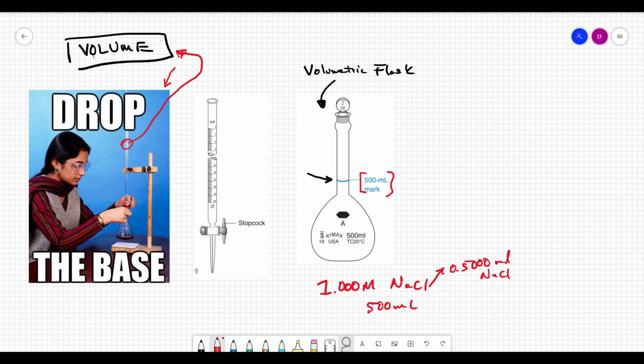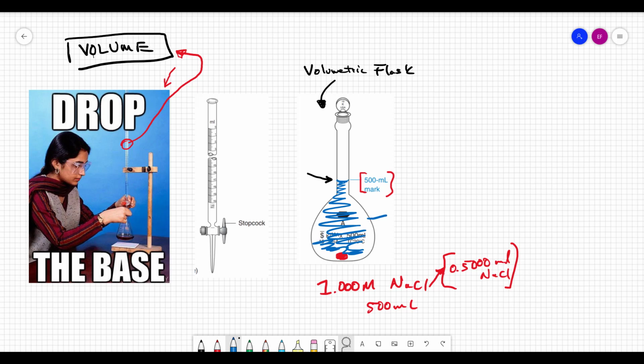The cool part about using a volumetric flask is some amount of the volume is going to be taken up by the mass or the size of the solid itself. So you're going to put this in the bottom. You don't have to account for that at all, because what you can do is just toss that mass in there and then bring up the solution all the way to 500 mils.